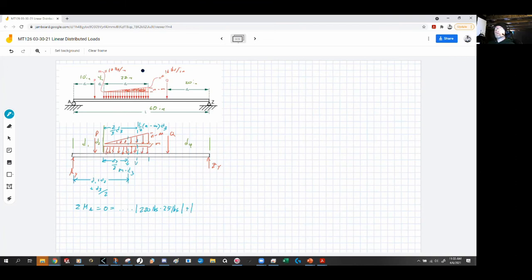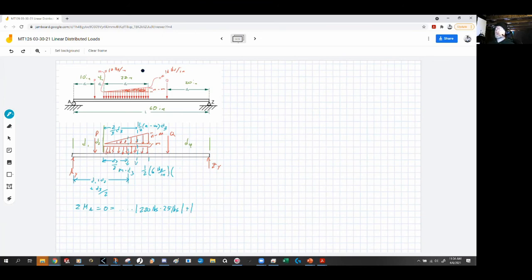1/2 n minus m. So what's that? 1/2 n minus m, which is 6 pounds per inch, times 2/3.